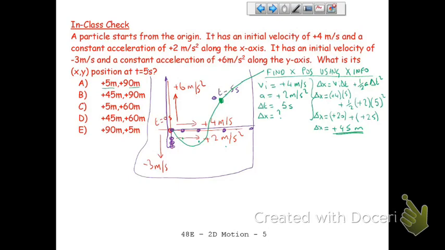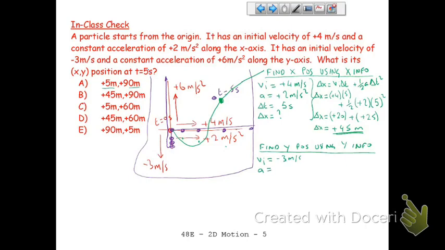But now, find Y position using Y info. Make a list. VI is equal to minus 3 meters per second.